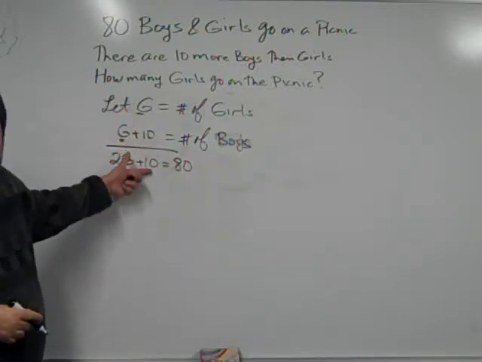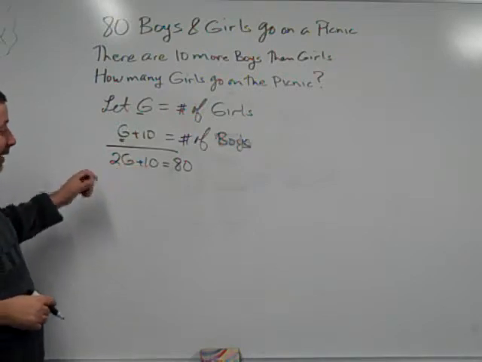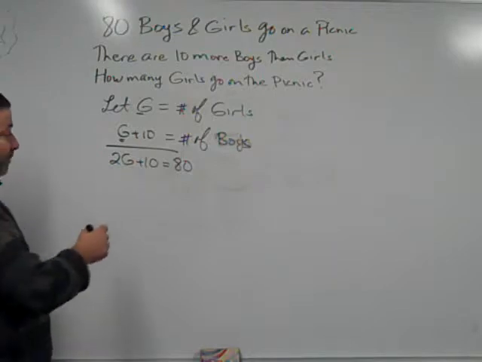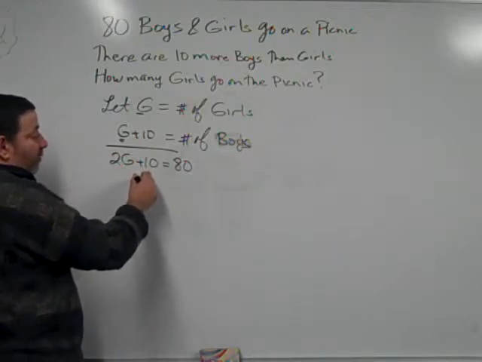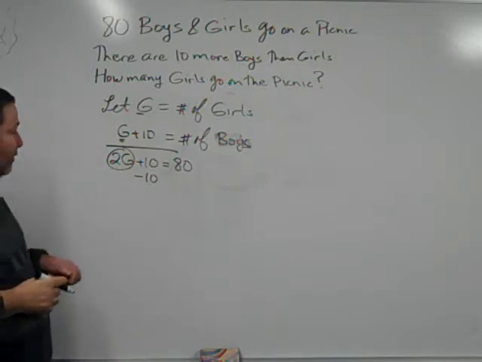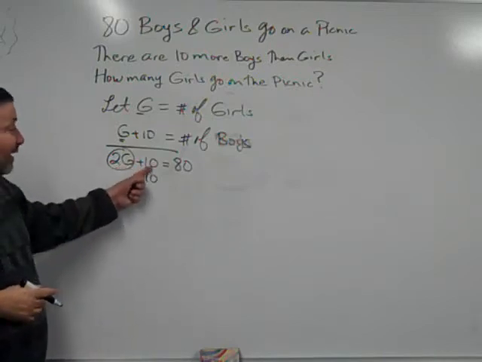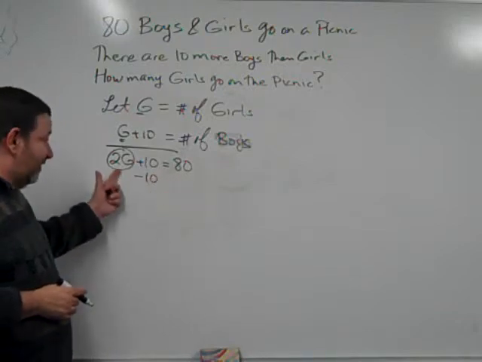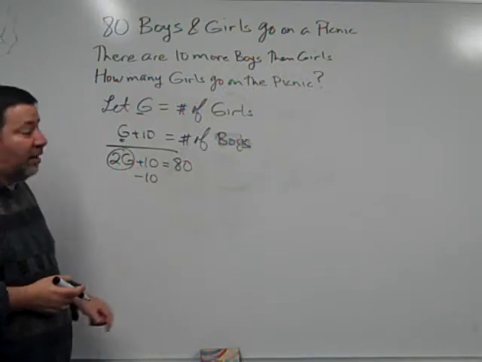Now all of this I didn't do in the last step. And exactly what I'm going to do now is what I did in the last technique. First I'm going to take away 10, or if you want to be quick about it, 70 plus 10 is 80. 7 plus 1 is 8.